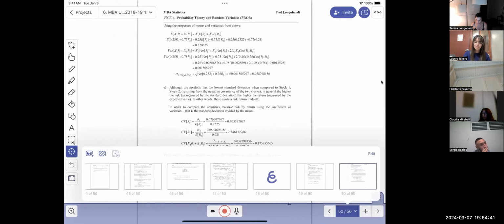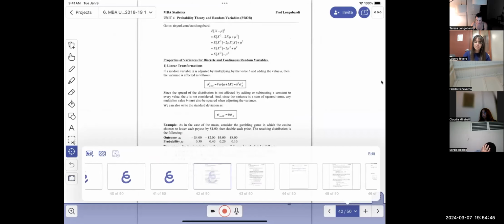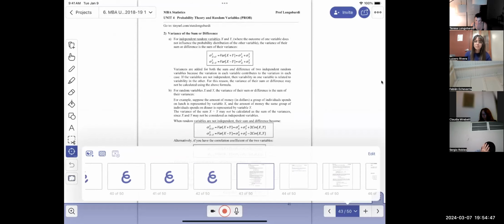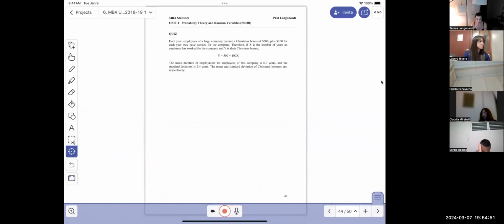So from page 42 to 48, I have a number of examples. Okay, so from 42, I apply the theory of the rules.